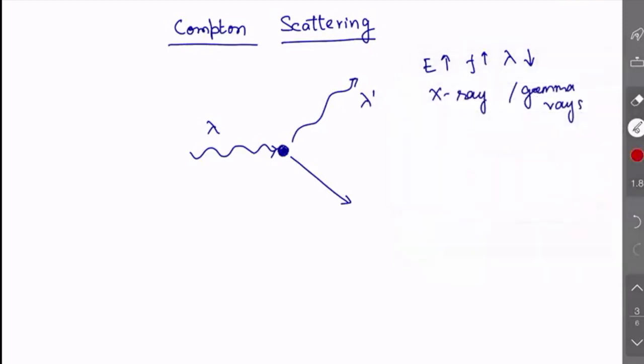Here we will consider that our gamma ray, having wavelength lambda, is going in a straight line, and then after Compton scattering, it will be scattered with angle phi. So this is your recoiled electron, and this is the scattered photon.